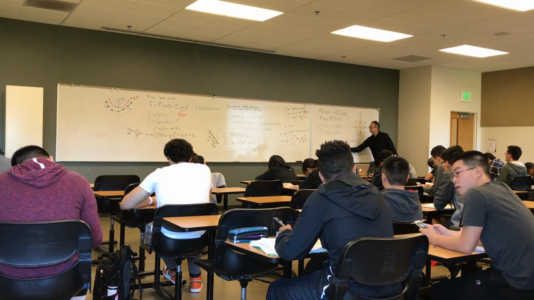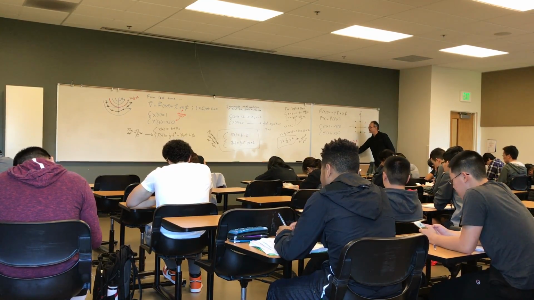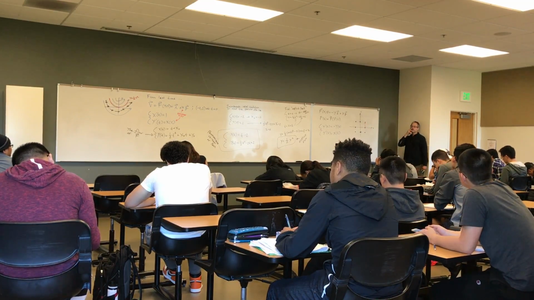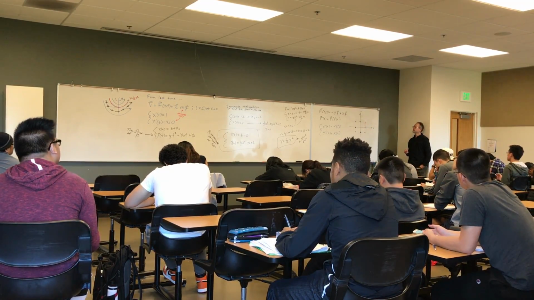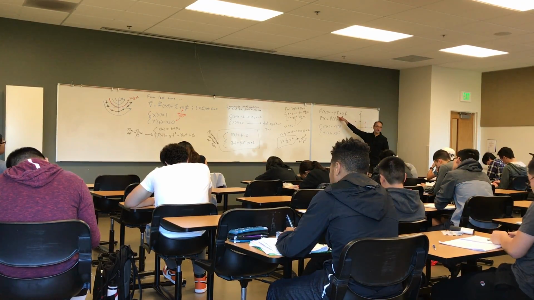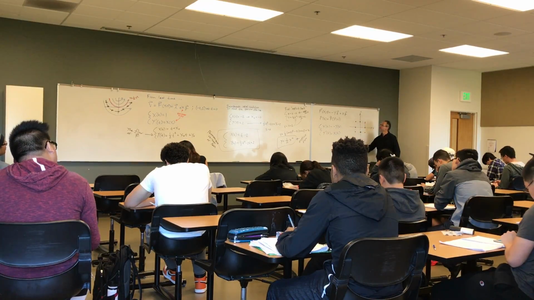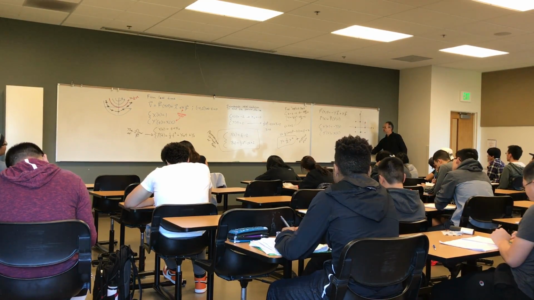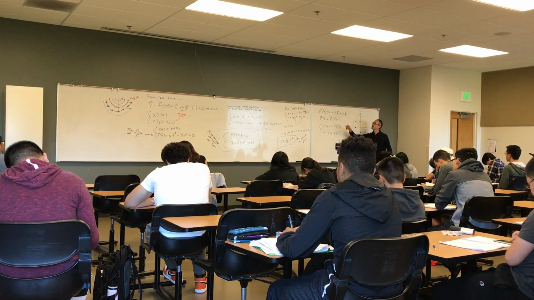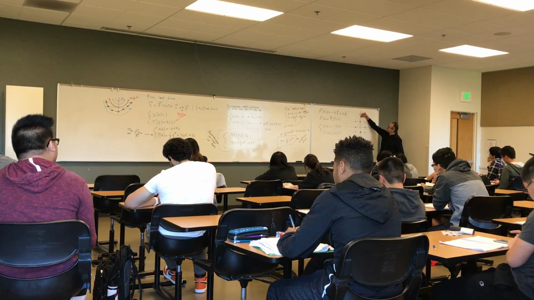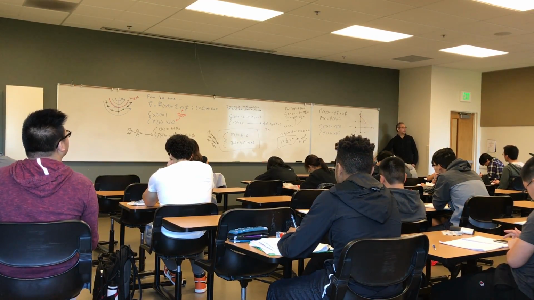Now, what does it look like if we do this at the point (1, 1)? Plugging those in, we're going to get negative i plus j. X is 1, y is 1. So what does that look like? It looks like a vector pointing off kind of that way.